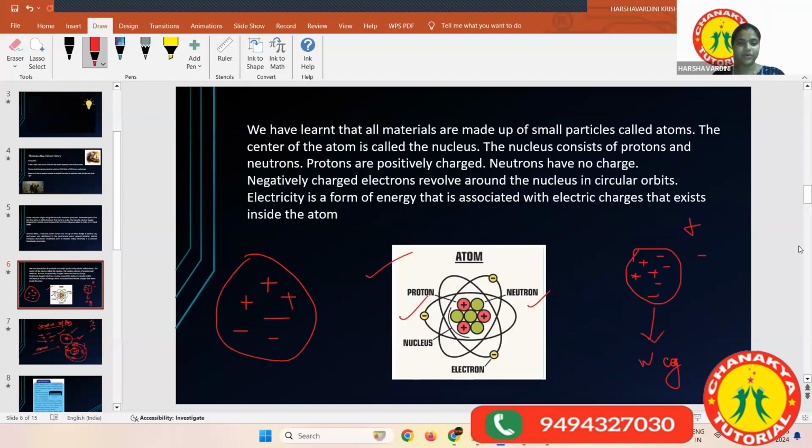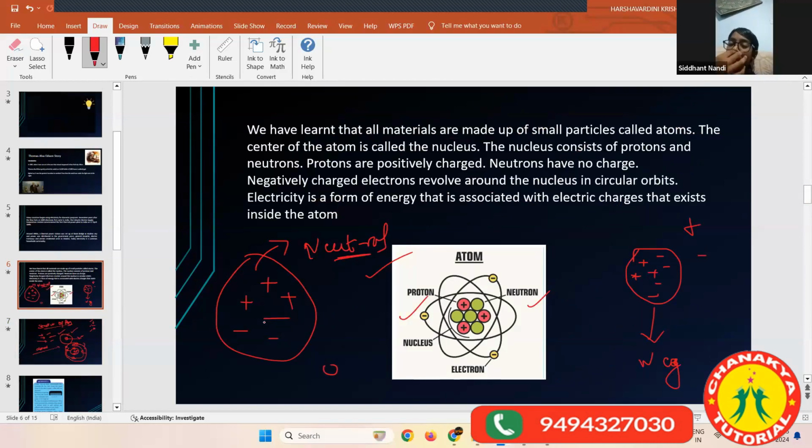So this one is neutralized, exactly. If I'm telling you something is neutral, it doesn't only mean that it has zero charge. It can also be that the charges cancel each other. When positive and negative attract, they become neutralized.